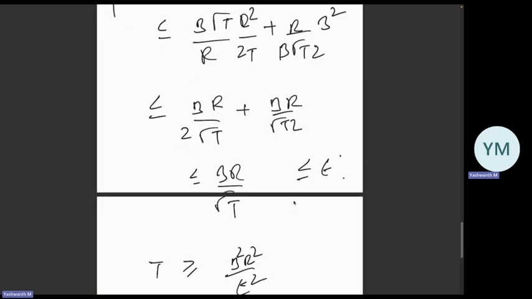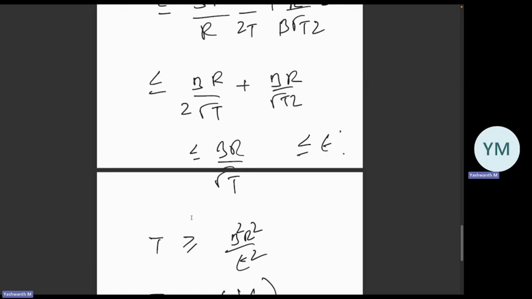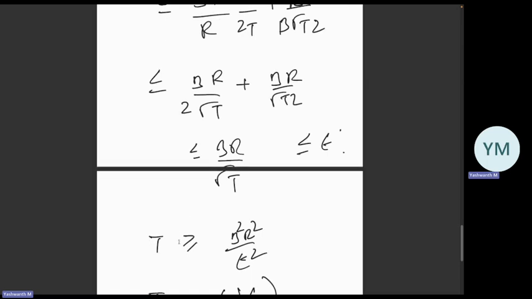So what we end up getting is we need t to be more than b square r square divided by epsilon square to make the iterate of xt f of x star epsilon close.